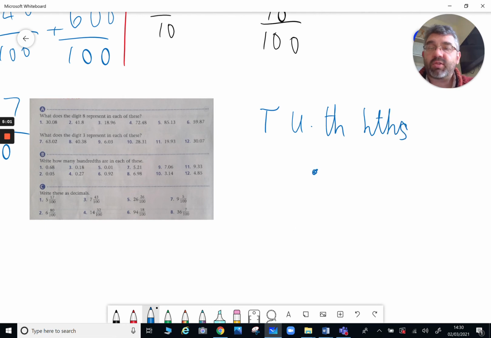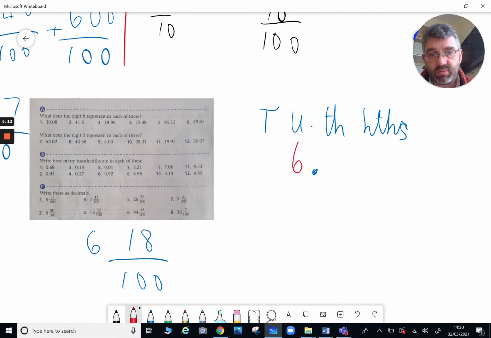Let's take one similar to number 1. Let's say I had 6 and 18 over 100. Straightforward: 6 units, 18 hundredths, there's the 1, the 8, so 6.18. If we had something like number 4, we've got 14 and 32 over 100.